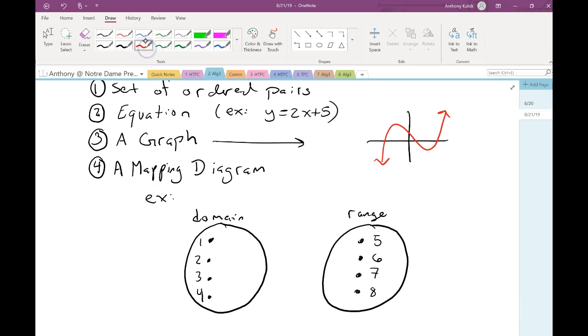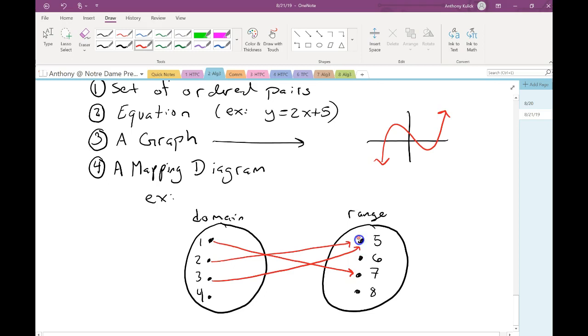And then we would just draw an arrow showing how the numbers from the domain pair with the numbers in the range. So maybe 1 paired with 7, maybe 2 pairs with 5. Maybe 3 pairs with 5 also, and then maybe 4 pairs with 8.